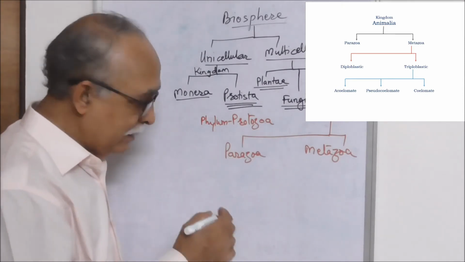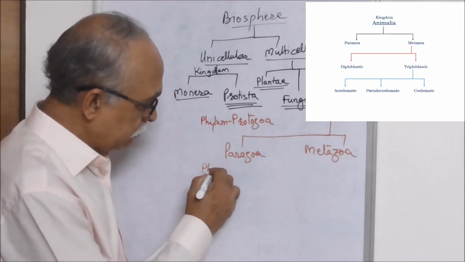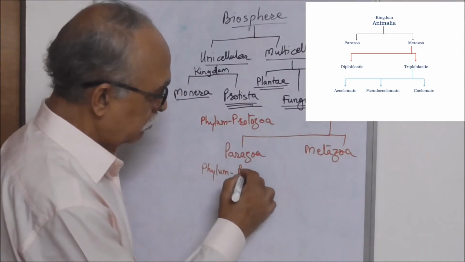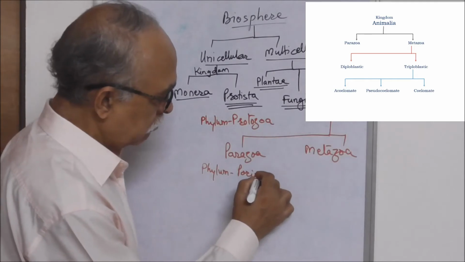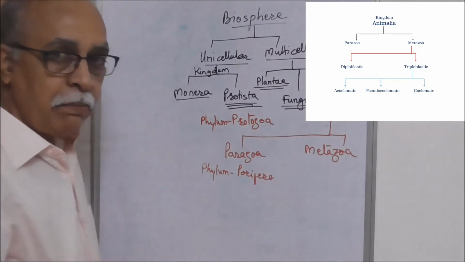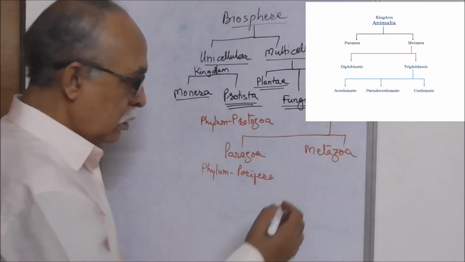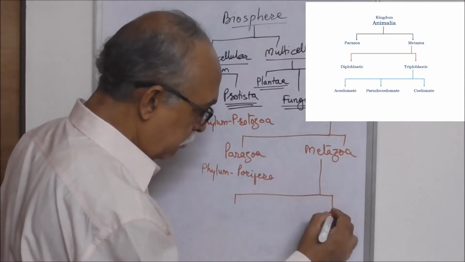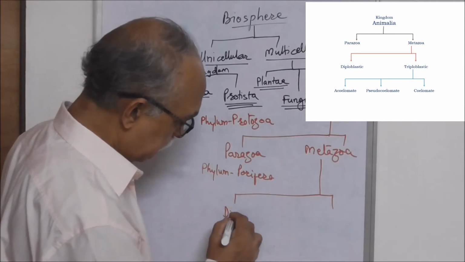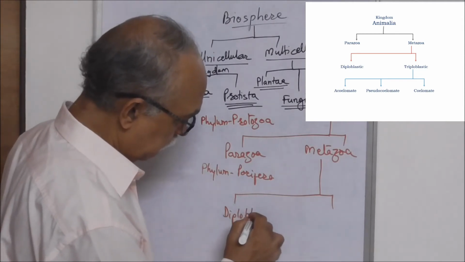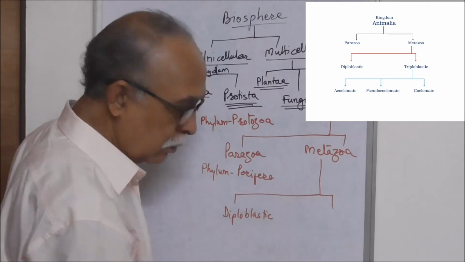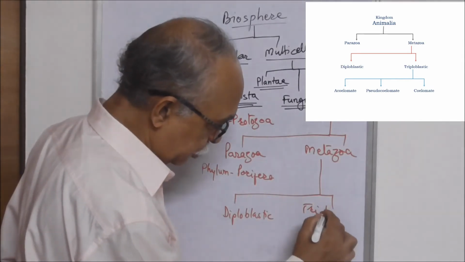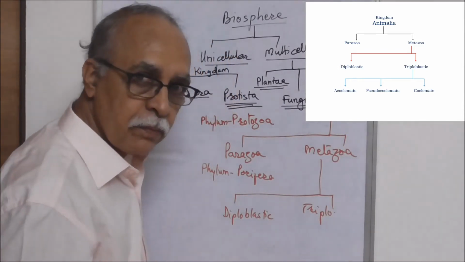Under Parazoa, again there is one single phylum, Phylum Porifera. Metazoa would be further separated into diploblastic animals and triploblastic animals.